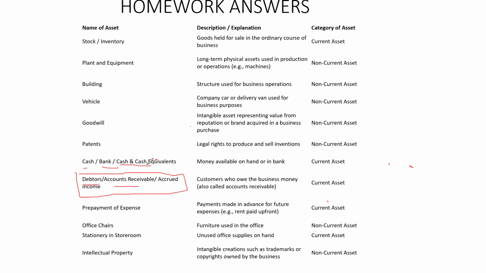Or it is a short term investment. So, for example, if I go and open a fixed deposit account with FNB where I deposit the money for 2 months, I can't touch it, but after 2 months, I get the money back. That's a cash equivalent or a short term investment. It is also considered a current asset. So you have to be careful.